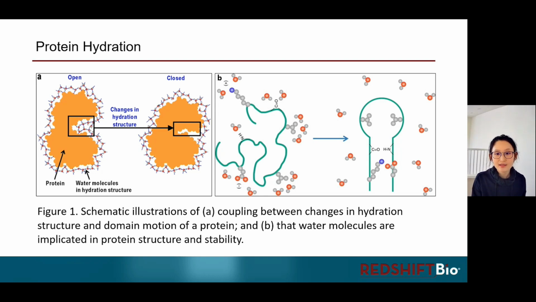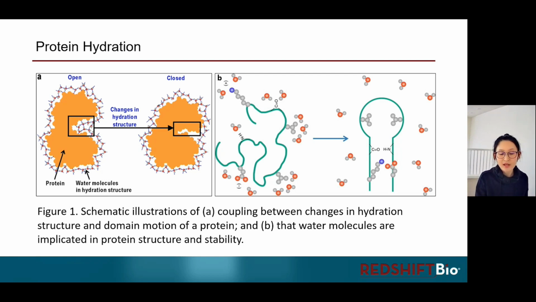When the domain is open, water molecules get inside, and once the domain closes, water molecules are squeezed out. This shows that protein hydration is important for collective domain motions, which are general functional motions.